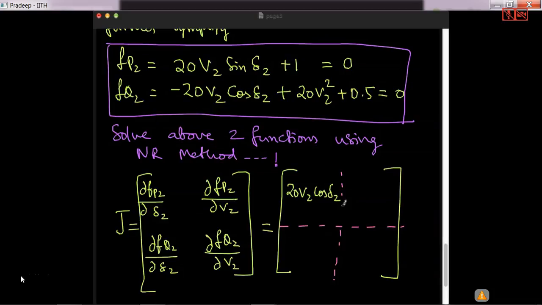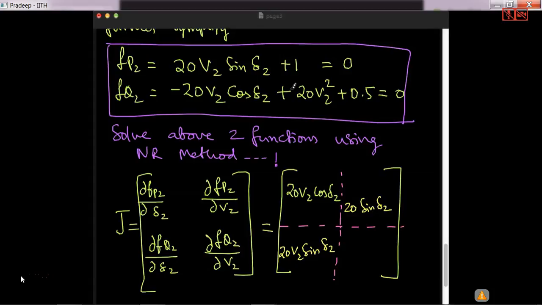Now differentiate the first function with respect to v2. Then I'll get simply 20 sine delta 2. Now differentiate the second function with respect to delta 2. Then this will be 0, this will be 0. Here differentiation of cos is sine, minus sign, but there is already a minus sign, so it will become 20 v2 sine delta 2.